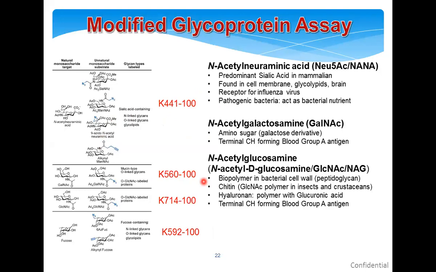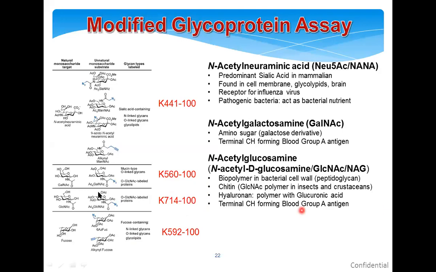For K714, we use, again, a modified analog, a modified glucosamine precursor. And for K592, we use a modified fucose precursor. It's also called a fucose analog.